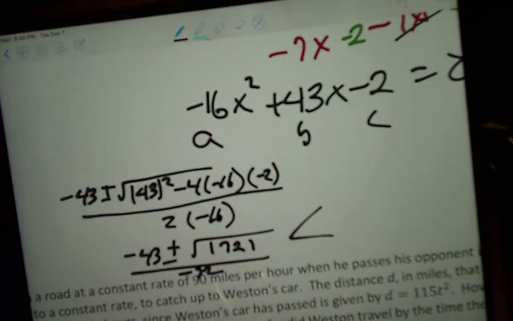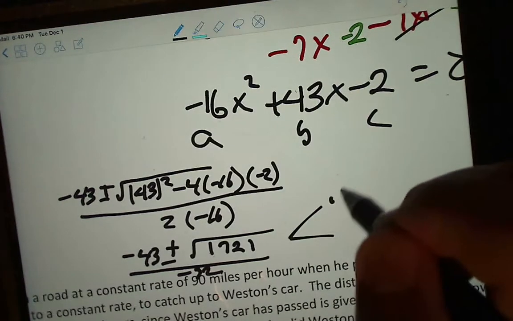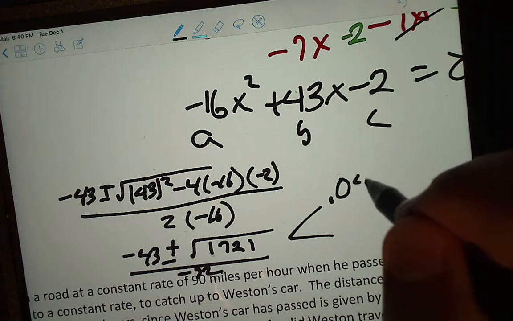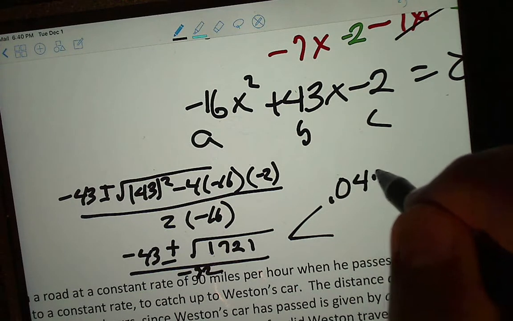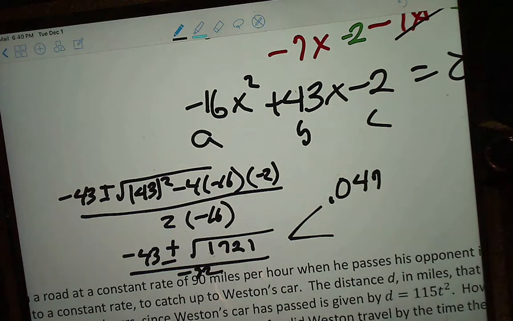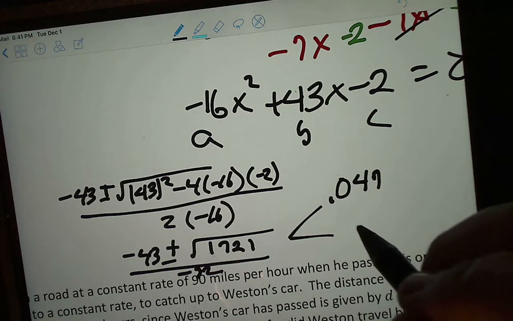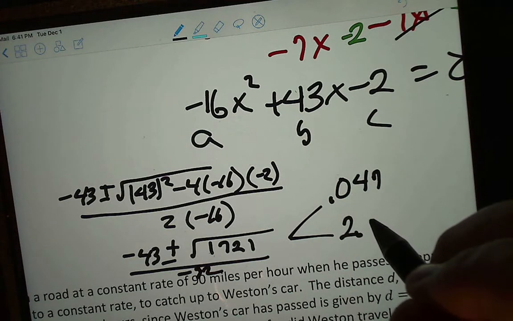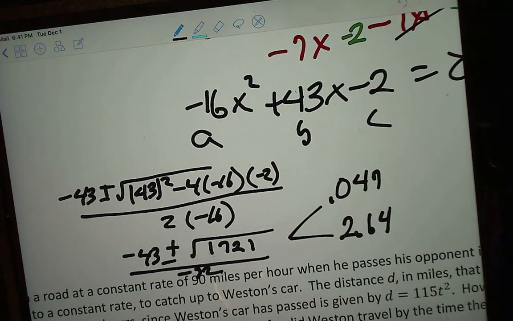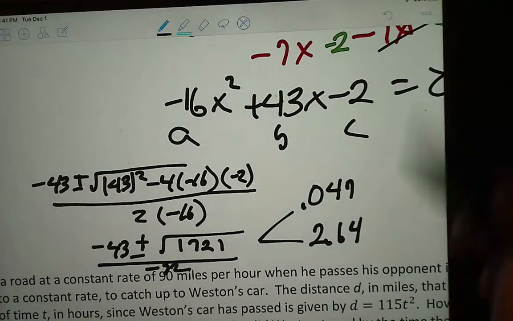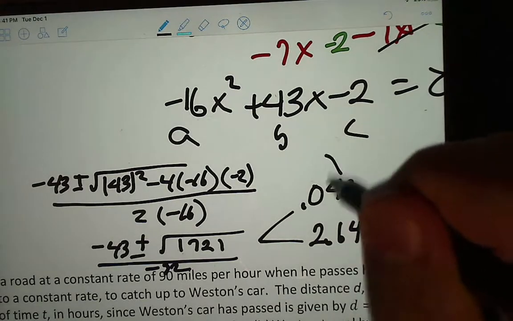The first one is 0.047. And then do the same thing for the other one. Make this a minus. And I get 2.64. So now I want to figure out the y value to this, because these are just the x's.